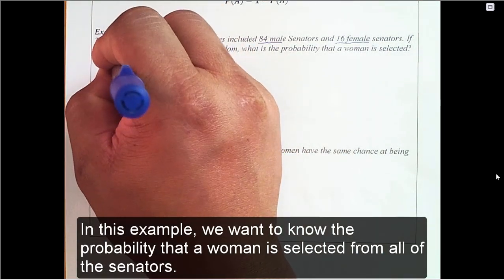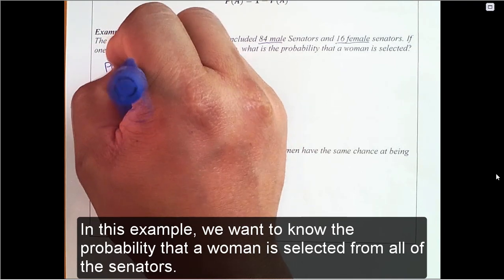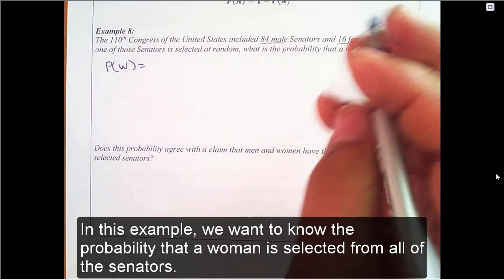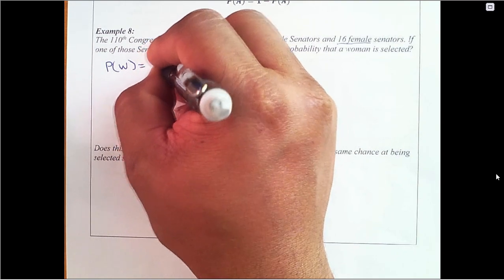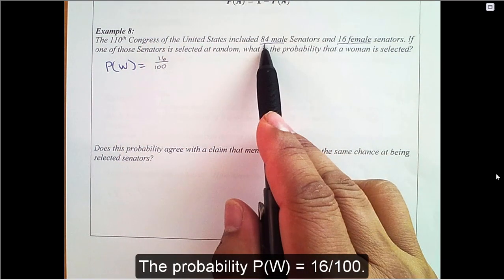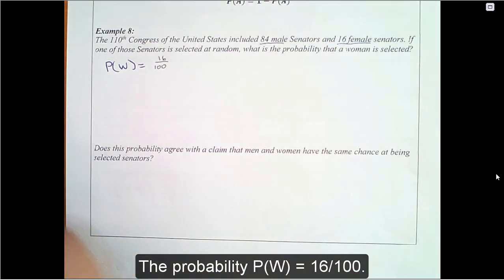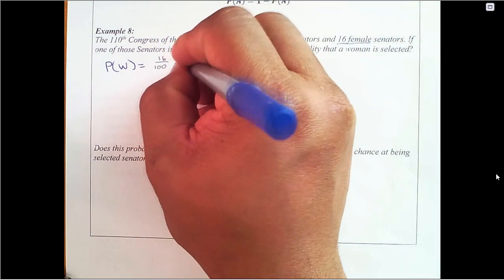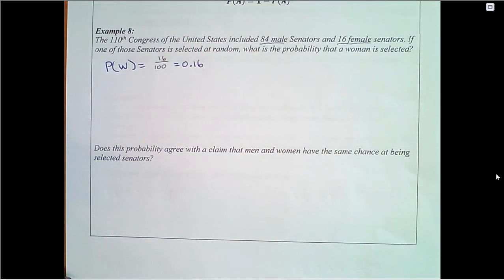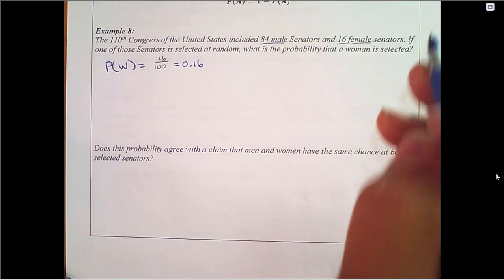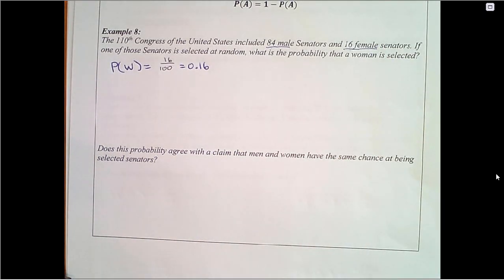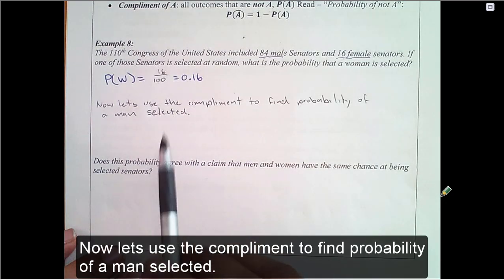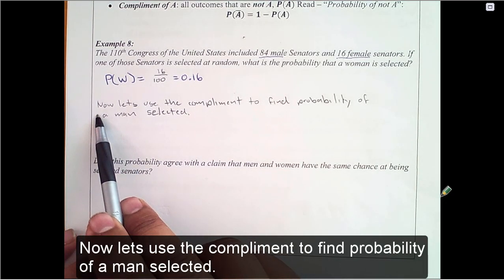In this example, we want to know the probability that a woman is selected from all of the senators. The probability, P of W, equals 16 out of 100. Now let's use the complement to find the probability of a man selected.